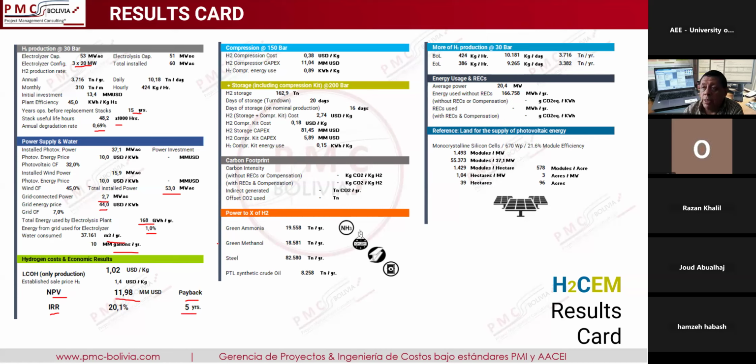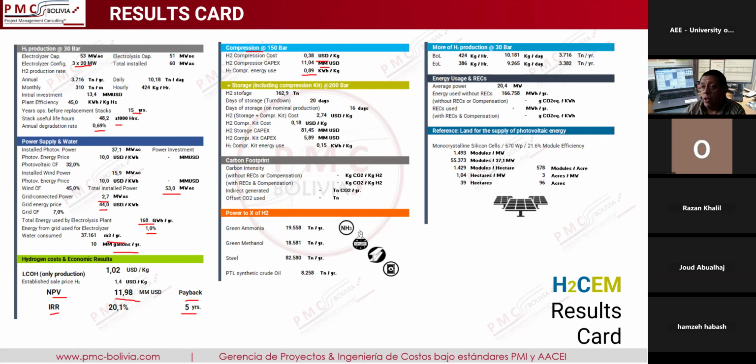We can see the output data of the compression model: compression cost in US dollars per kilogram, how many millions of capex for the compression module, and what energy is used in compression per 1 kilogram. In this example we need 0.89 kilowatt hours of energy.